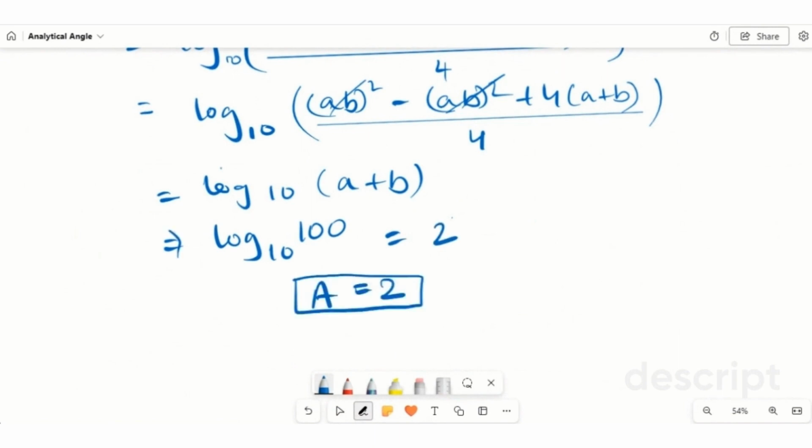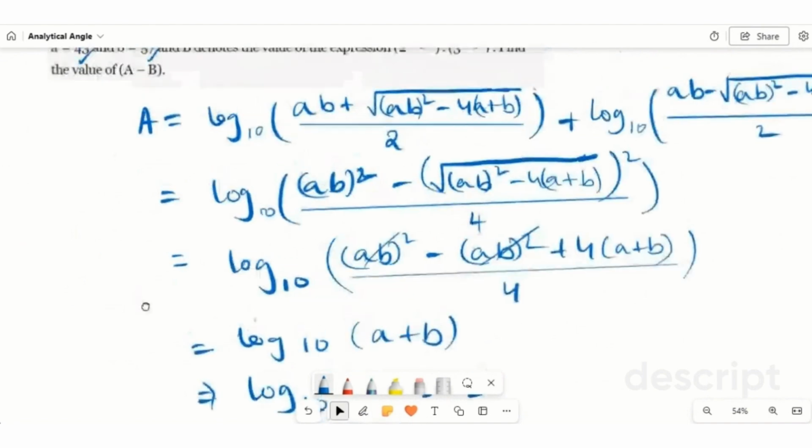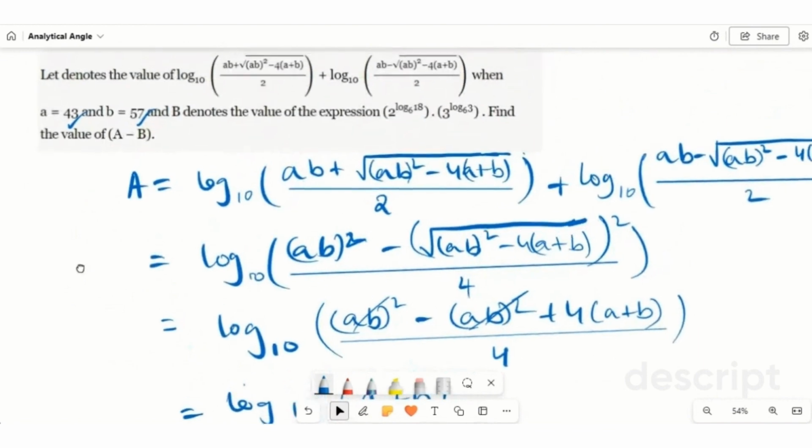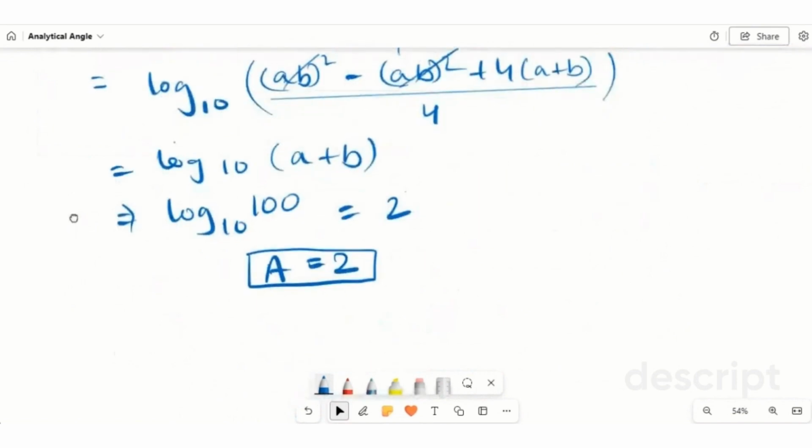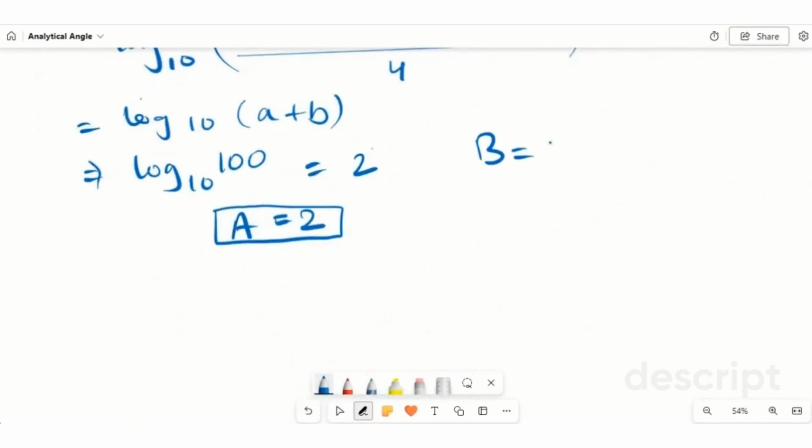And they have asked for the value of A minus B, but B is something else. So B is the value of the expression 2 to the power log 18 base 6 into 3 to the power log 3 base 6. So B is equal to 2 to the power log 18 base 6 into 3 to the power log 3 base 6.